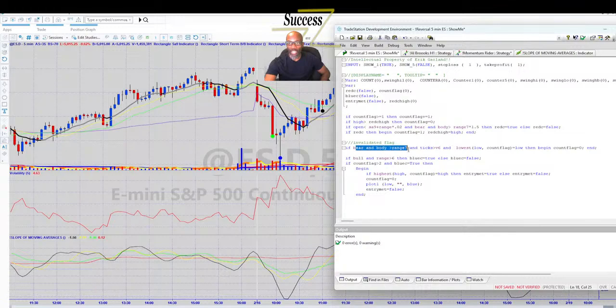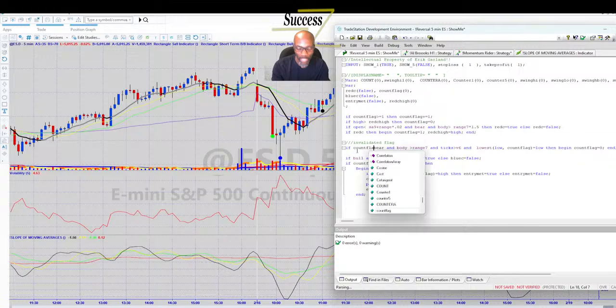But because we have it set right here before we get down here, we need to say that once we get this candle, we're starting the count flag. It equals 1 at that point. So the count flag has to at least be equal to 2. It's got to at least be that second one. So we need to add that. So count flag greater than or equal to 2.